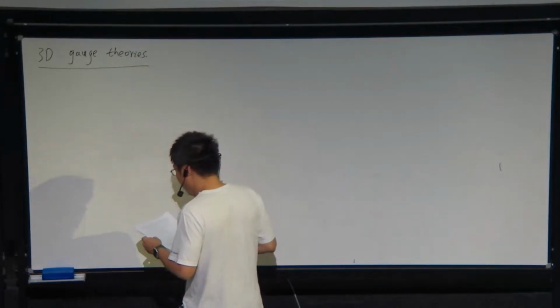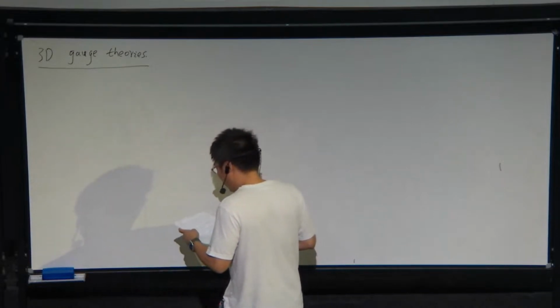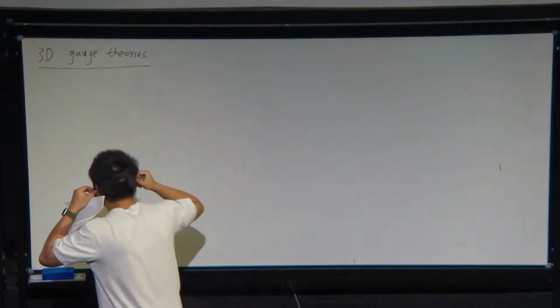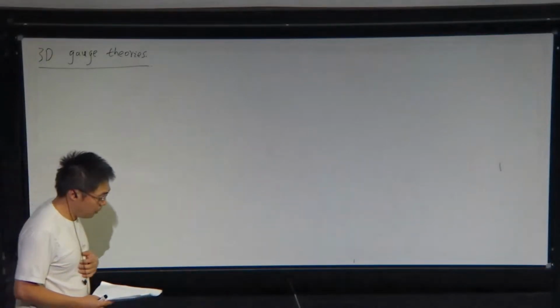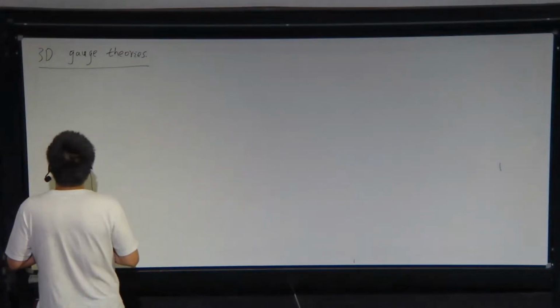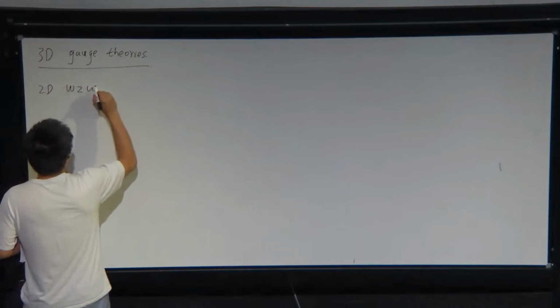Okay, so to understand this story, I think it would be nice to start with something that we are pretty familiar with, 2D CFTs, and in particular, what I'm going to start with is 2D Wess-Zumino-Witten CFTs.